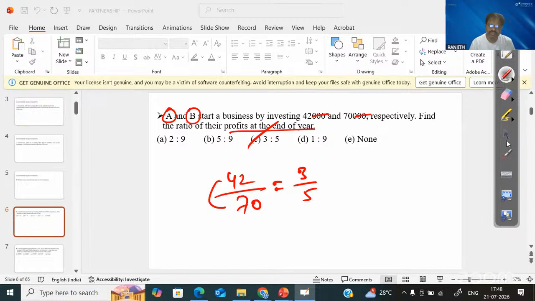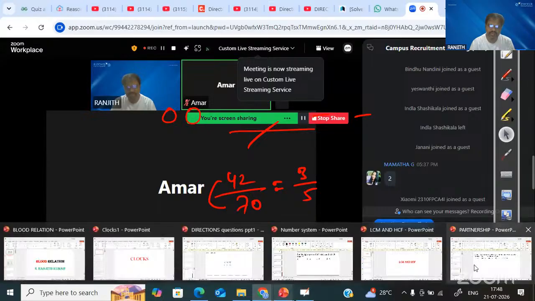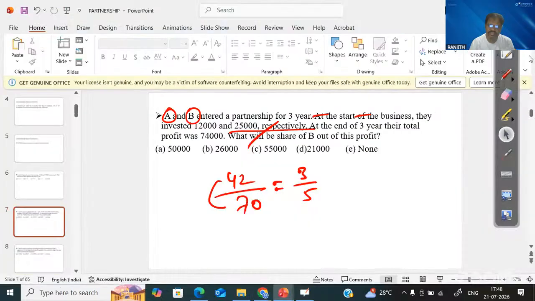So the profit ratio is also the same, 3 is to 5. Investment ratio and profit ratio are both the same here. Why? Because the time period is the same, so we can cancel the time period. Next, what is the answer here?